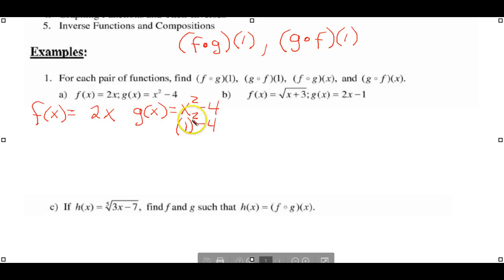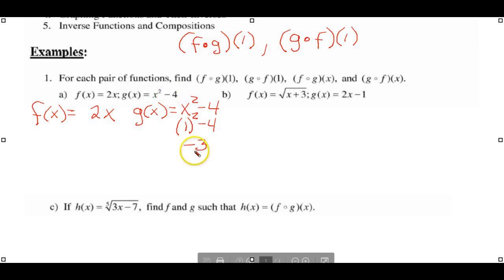So 1 squared is 1. 1 minus 4 is a negative 3. So when we put a 1 and replace it in our G function, we end up with a negative 3.